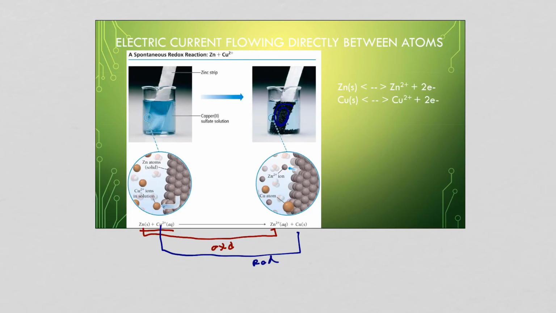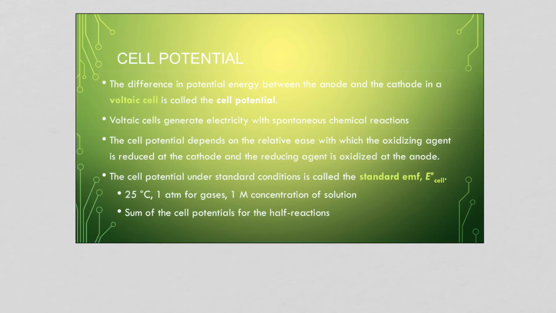utilize this flow of electrons from the zinc to the copper ions? Well, we set up what are called electrochemical cells, or a voltaic cell is the most common, sometimes called a galvanic cell, but these are cells made up of spontaneous redox reactions.